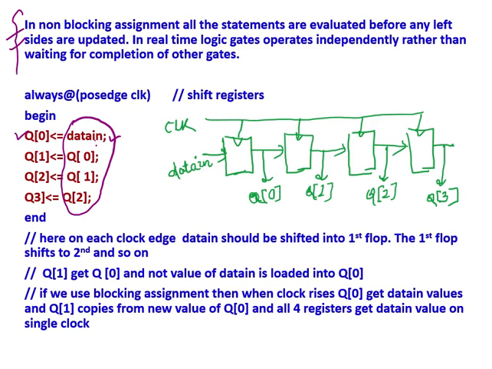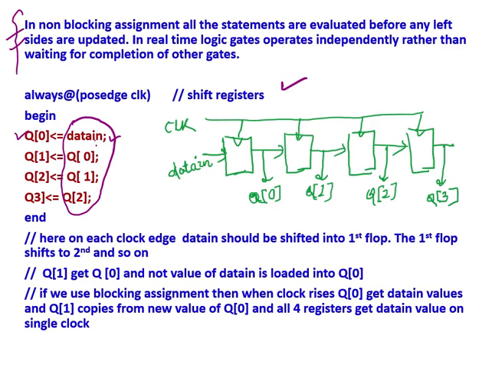This is how real logic gates behave, because in a real scenario gates operate independently and don't wait for the completion of other gates. Unless they get new data, they propagate the old data to the output. Here we can see a shift register.